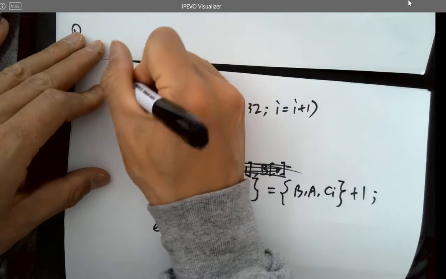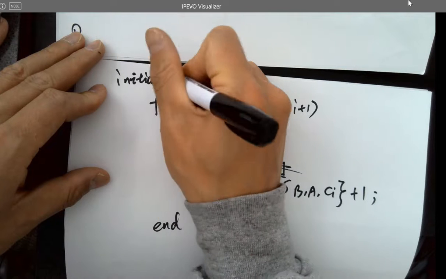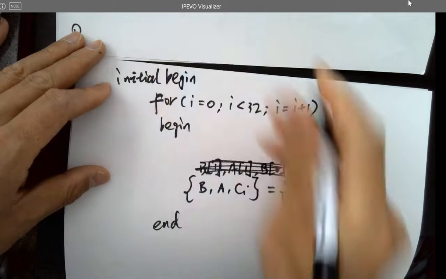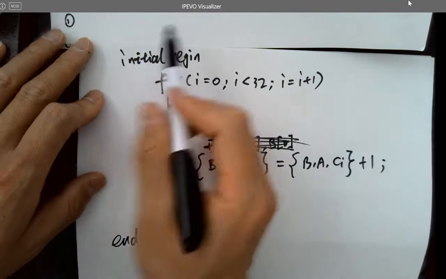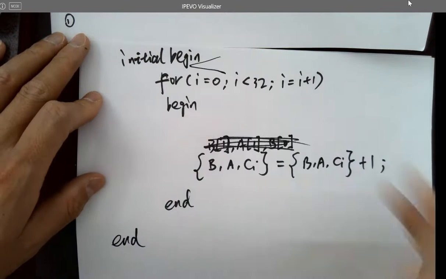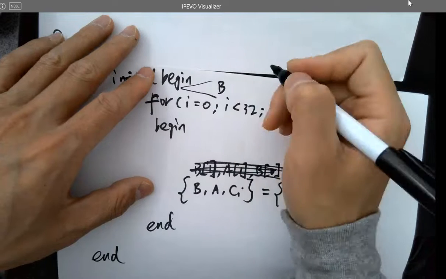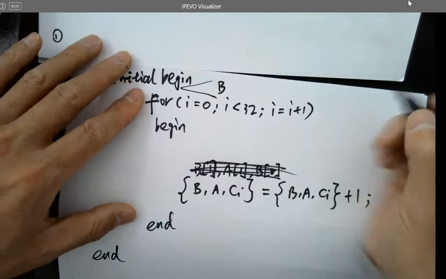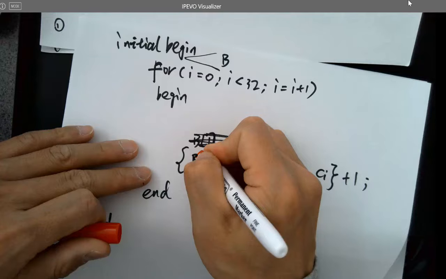However, if this is an initial begin and end here, and you need to assign initial values for all these things. So just to give B a B, these are more than one bit, right?